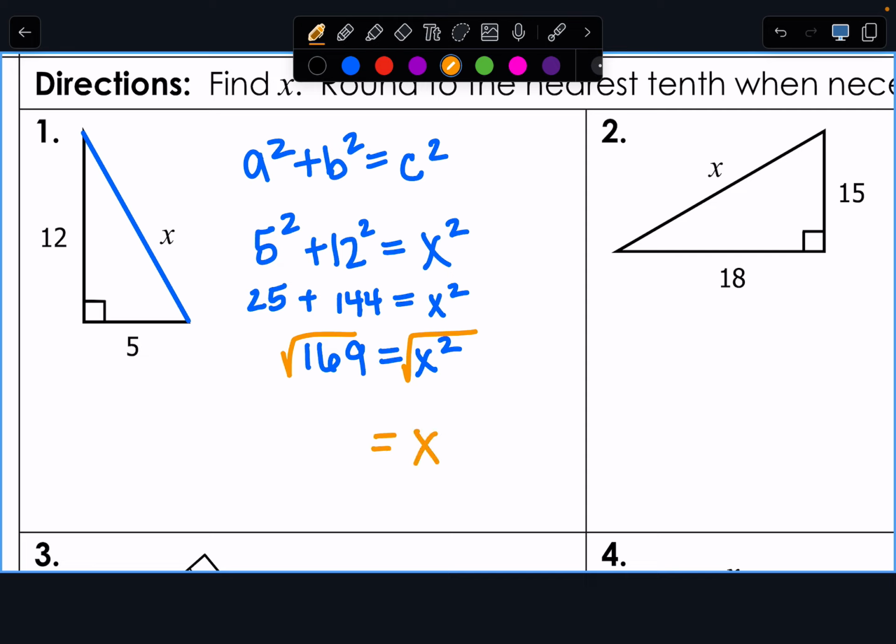And in our calculator, and I know some of you know your perfect squares. I'm not, like, you got to use your calculator for this. Do you see where the square, I want everyone to look over here. Do you see where the square button is on your calculator? If you press second and then that button, it should give you a square root. So you have to press it first, you have to say second, get the square root, and then 169.